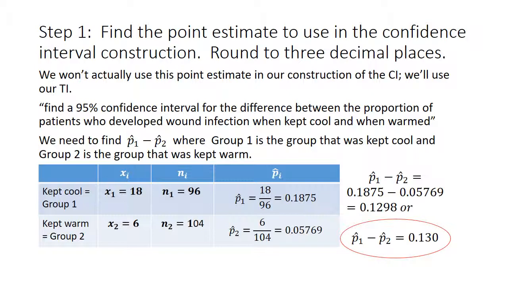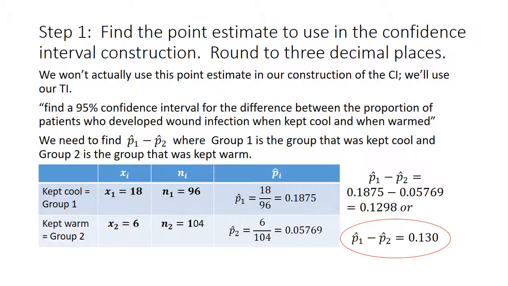Now we look at group 2. X2, the number of successes in group 2. Developing a wound infection doesn't sound very successful to me, but because that's what we're studying, that's what we call a success. 6 of the warm patients developed wound infection, and 104 of the patients were kept warm. X2 equals 6, n2 equals 104.